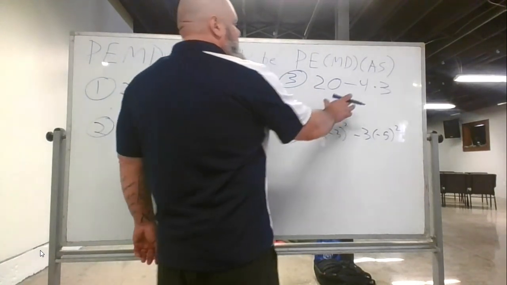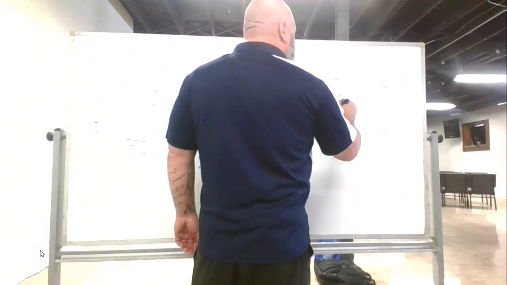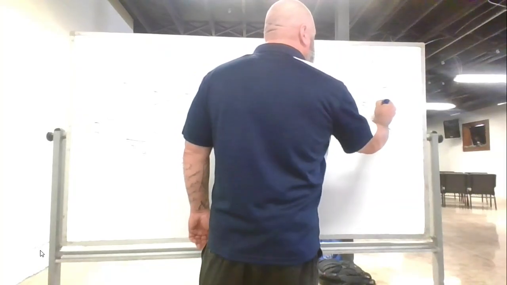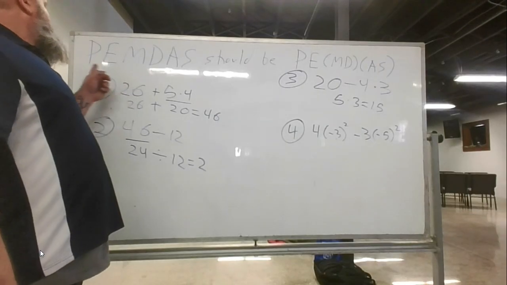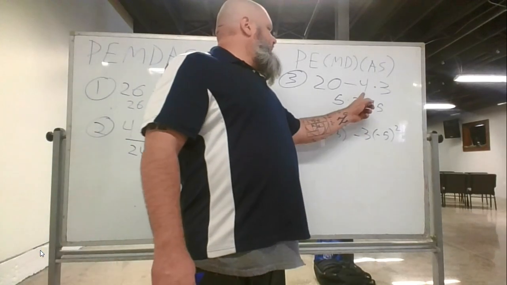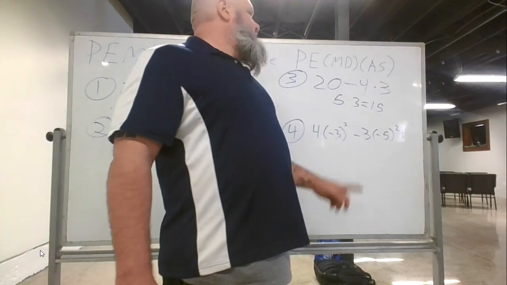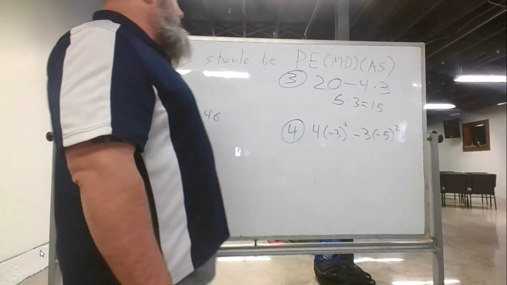So we're going to start with 20 divided by 4. 20 divided by 4 is 5. Now 5 times 3 is 15. If you just say multiplication first, you might be inclined to do the 4 times 3 first, and that will give you a different answer. You must go left to right with multiplication and division together.